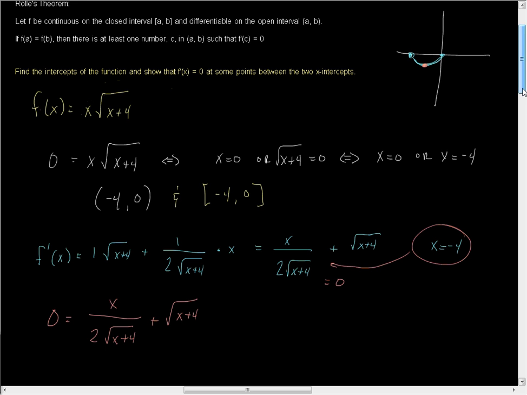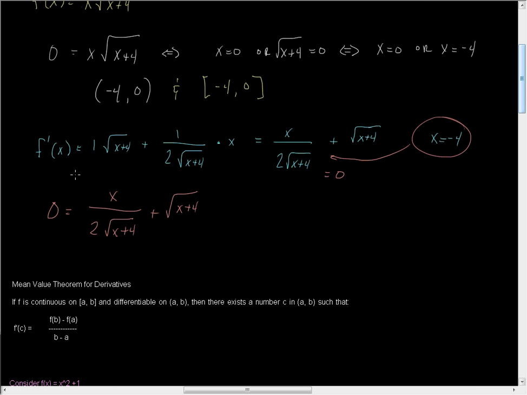To do this, let's get a common denominator so that we can get everything over one fraction. I'm going to multiply the second part, top and bottom, by 2 root x plus 4.